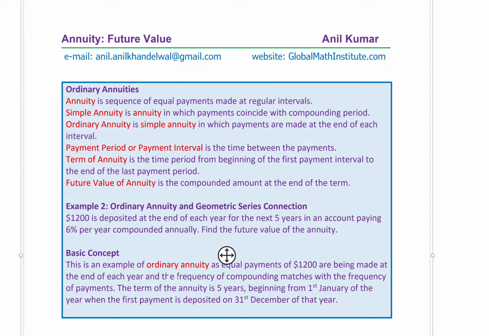This is an example of an ordinary annuity, as equal payments of $1,200 are being made at the end of each period, and the frequency of compounding matches the frequency of the payments. The term of the annuity is 5 years, beginning from 1st January of the year when the first payment is deposited to 31st December of the year. Okay?